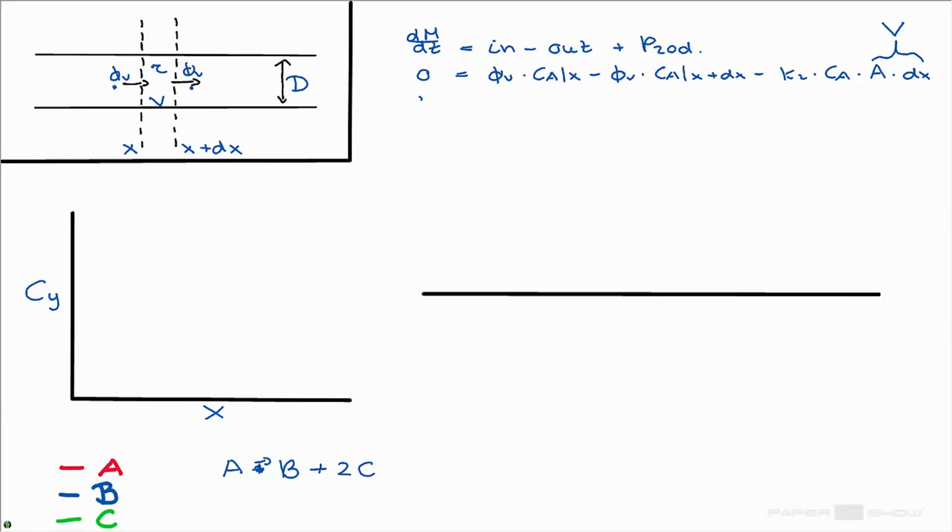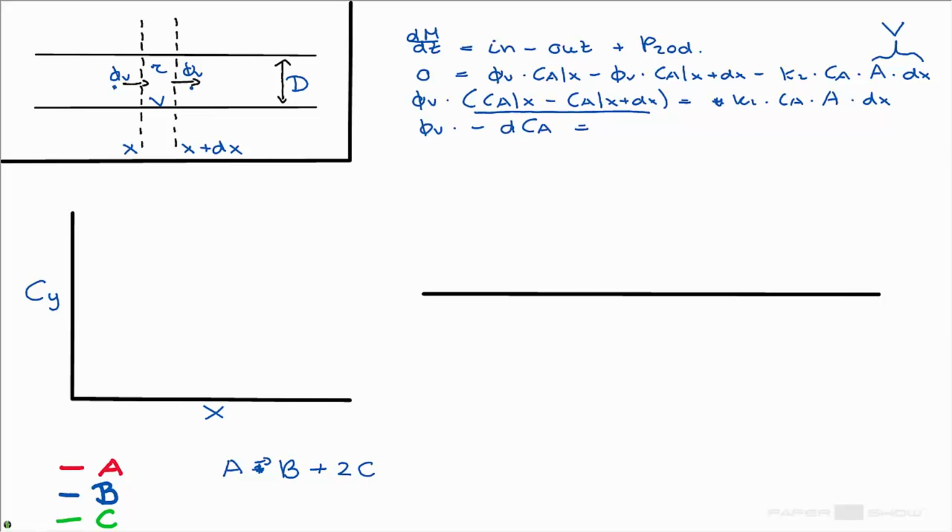So I can rewrite this to this equation, and you can see later why I am doing this. Minus Kr times Ca, without the minus, times dx. And now I can rewrite this to a differential form, and you have to watch out to use the correct minus sign.